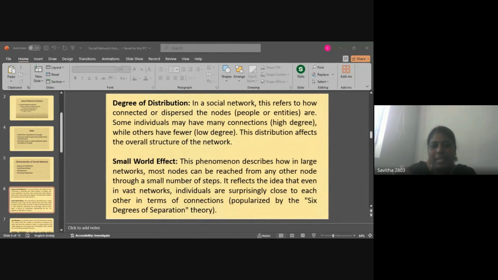That means that in a large network, which contains chains of connections, the distance between individual nodes will be very small. It is similar to the idea that people in the world are connected by a short chain of networks. That is called the small world effect.